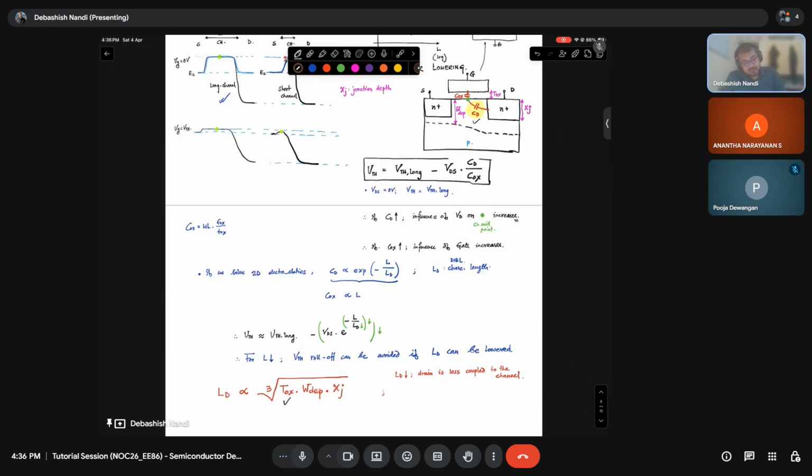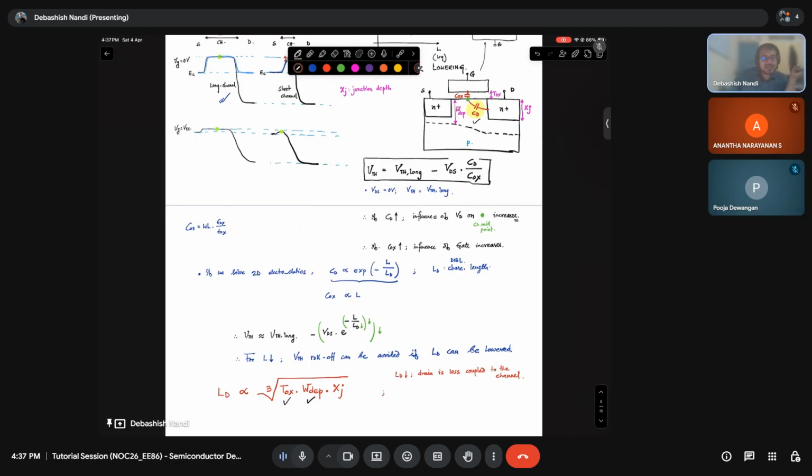From this diagram, if W depletion lowers, my CD lowers. This CD has to traverse through the W depletion as well. So this CD will be proportional to W depletion. It is the area of that, right? So W depletion lowering will also help in lowering of DIBL.